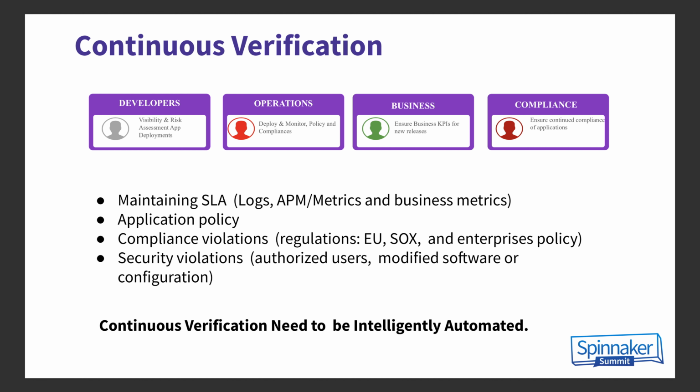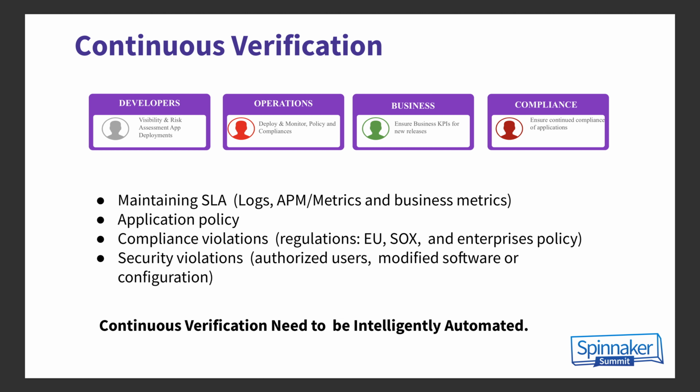So continuous verification should be about maintaining SLAs. We should be able to look at logs, APM, metrics, and business metrics. We should be able to handle application policies, to say this application has these rules and regulations, and I need to enforce them as part of our pipeline.